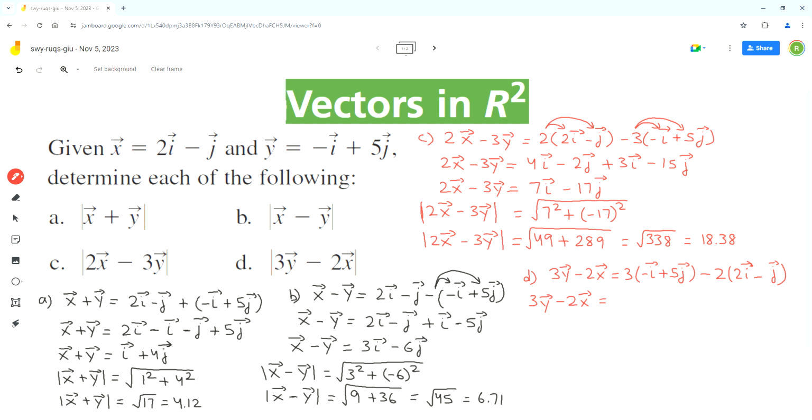So we have to do scalar multiplication. So we'll multiply each component by 3 and -2.